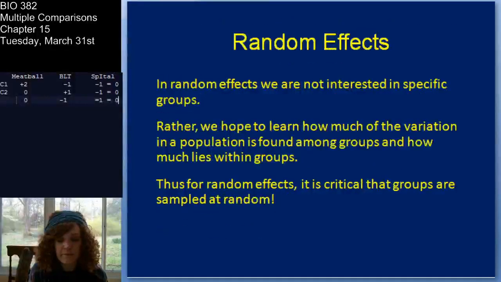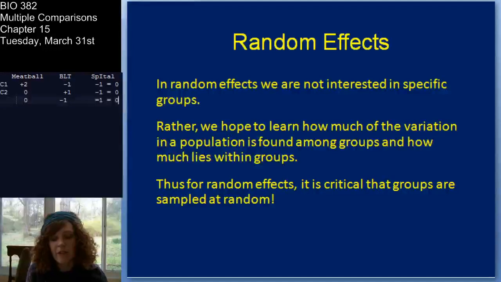Okay. So when you're thinking about random effects, you're not interested specifically in particular groups and only those groups, right? What you're trying to do is learn as much about the variation in a population as possible. That's why randomization is so important, because most of the time you're dealing, not always, with fixed effects like certain dosages of drugs, if you're only interested in those dosages.